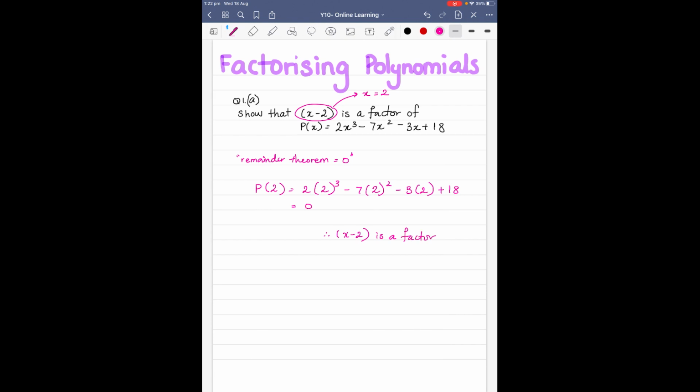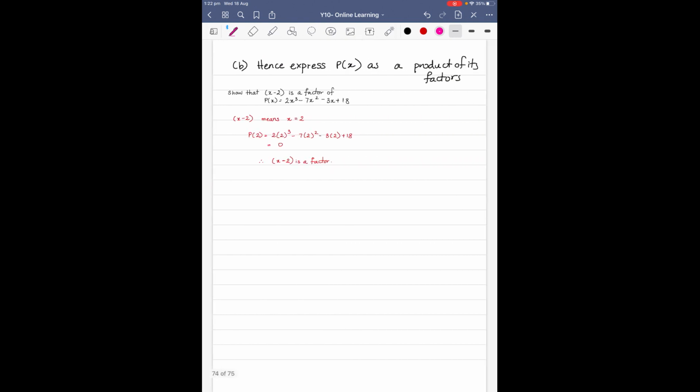However, the question doesn't stop there. If it says, hence, express P(x) as a product of its factors. Now, when they say product of its factors, what does that mean? Product technically means times, and factors means the little numbers that can be divided into that product, in that polynomial.